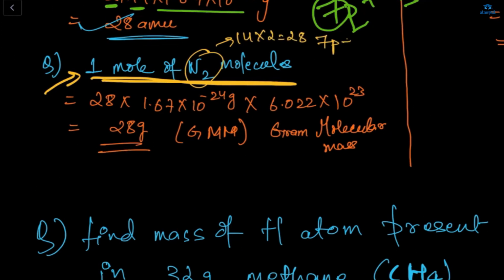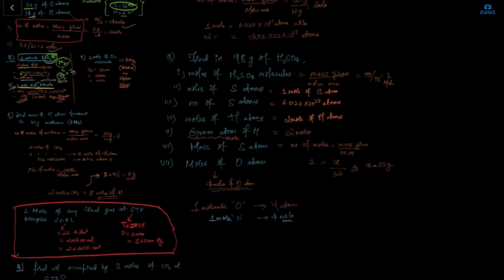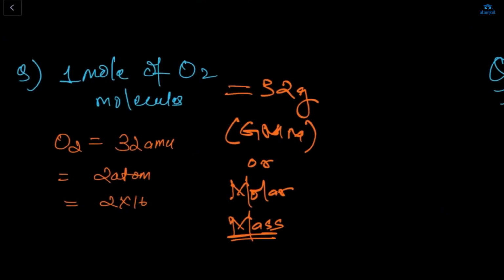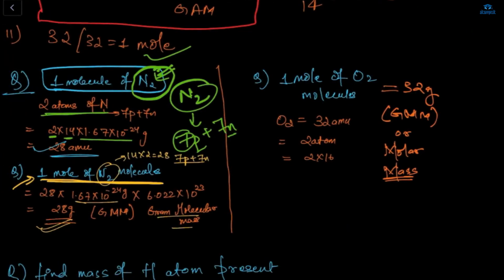will apply the same, only the electron mass we will not consider, just P and N, which equals 28 grams, which is gram molecular mass. Next is this one. What about 1 mole of O2 molecule? Here we discussed 1 mole of N2 molecule. So what about O2 molecules?